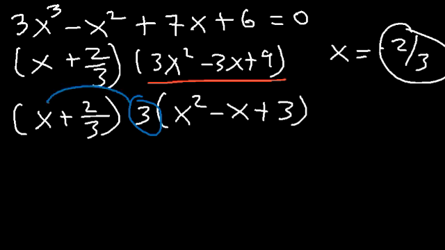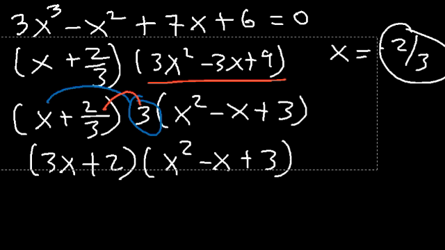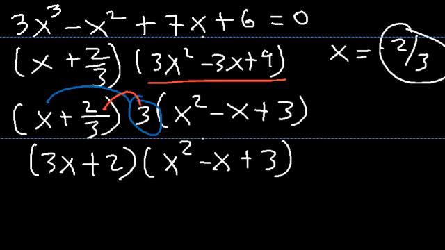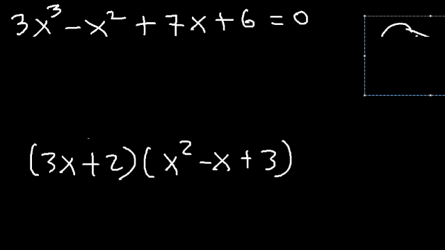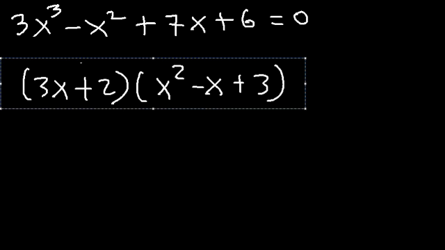So 3 times x is 3x, and 3 times 2/3 is 2. So we have the expression 3x plus 2 times x squared minus x plus 3. So this is the most reduced factored form, or the appropriate factored form for this expression. And just to make sure our answer is indeed correct, let's FOIL these two terms to prove that it's equal to the expression above.